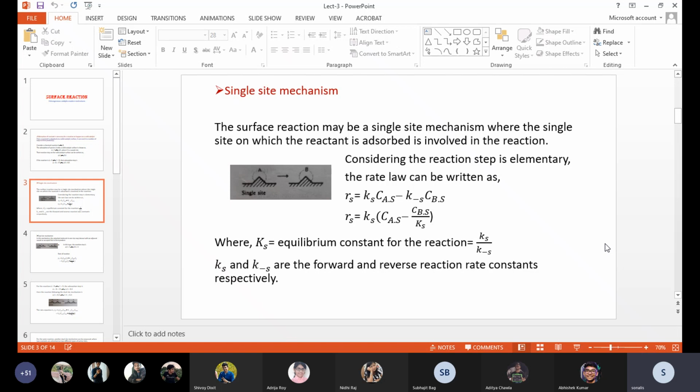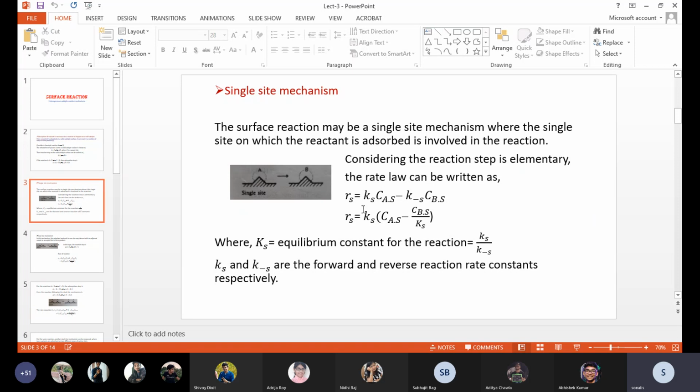The surface reaction may be a single site mechanism. That means it takes only one single site for the reaction to happen, where the single site on which the reactant is adsorbed is involved in the reaction. So A plus S to A·S, this is obviously a single site mechanism.